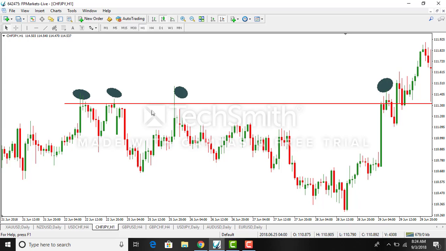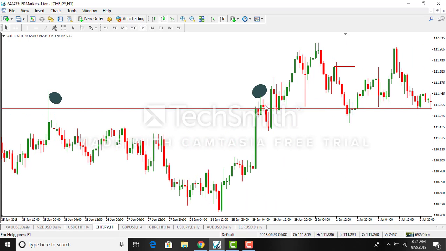These dark circles are signifying that this area here is resistance, resistance, resistance. This is a strong selling pressure. Price couldn't break through.